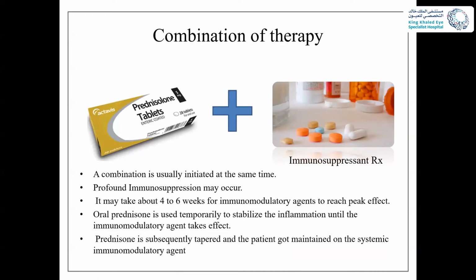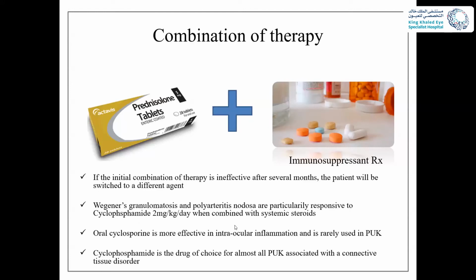They usually start at 2 weeks, but they reach the peak effect of their immunosuppression at nearly 4 to 6 weeks. Oral steroid is used temporarily to stabilize the inflammation until the immunomodulator takes over. Now, if the initial combination is ineffective after several months, then the patient will be switched to a different agent. Some patients respond to certain immunomodulators and others don't.